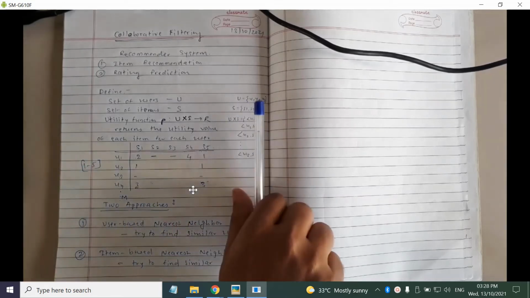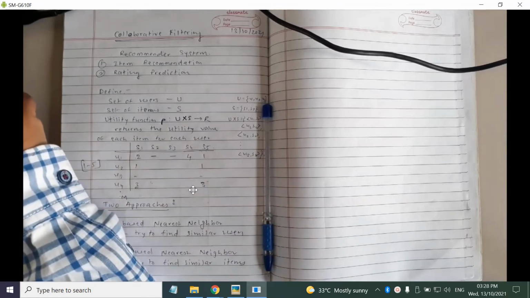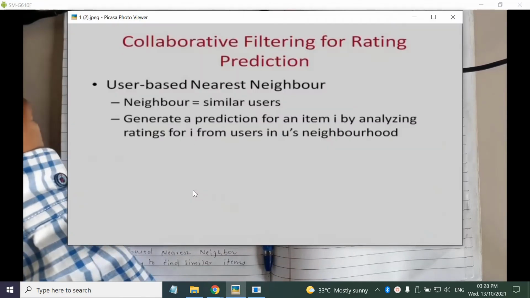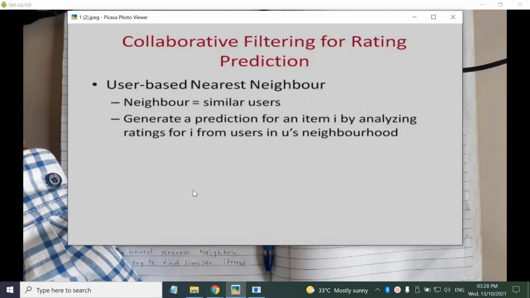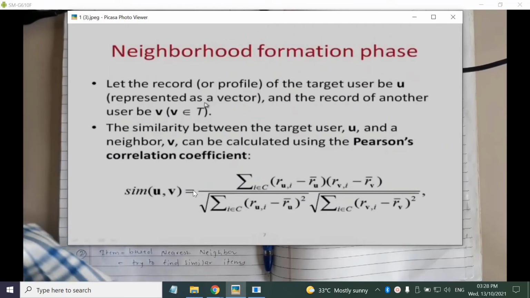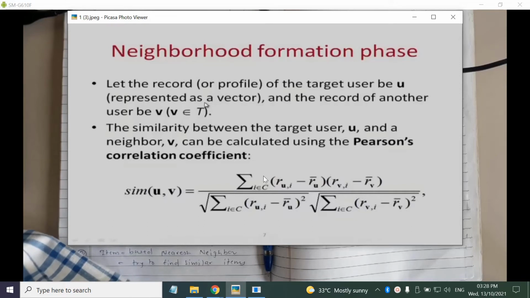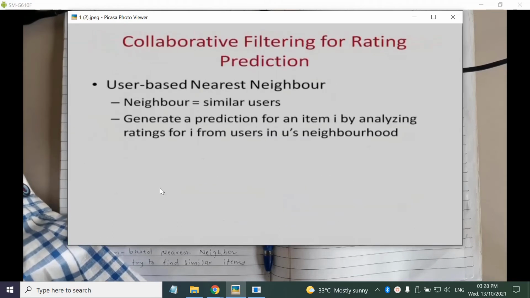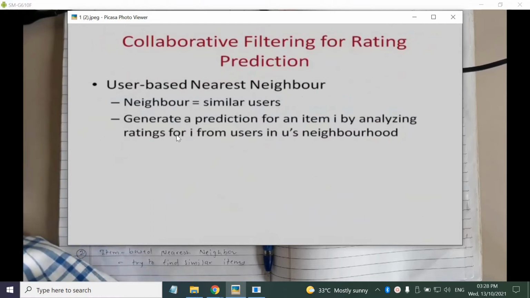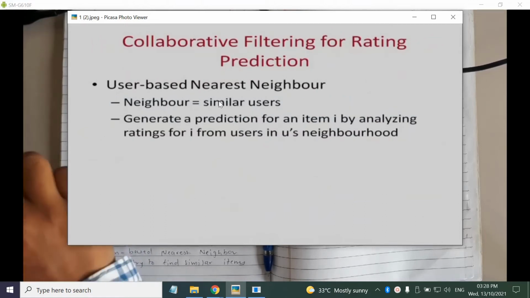You can go with cosine similarity or any other correlation similarity measure. In this they have given the Pearson correlation coefficient, which is again one kind of correlation coefficient by which we can determine the similarity between two vectors.